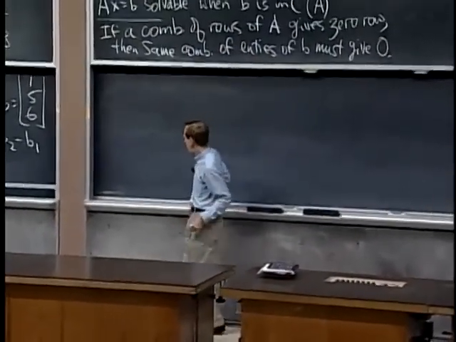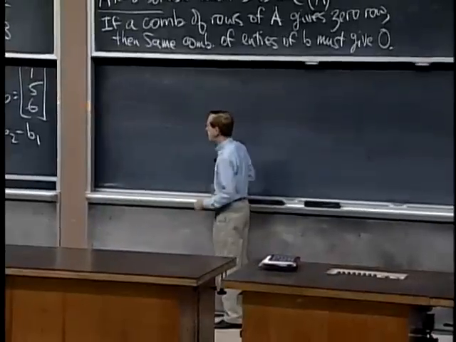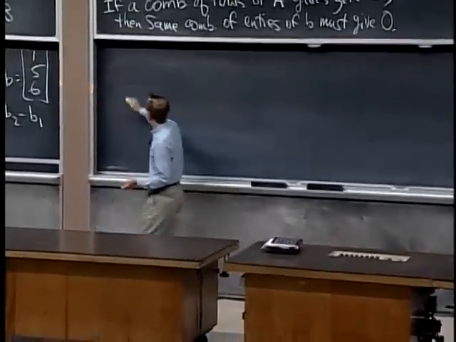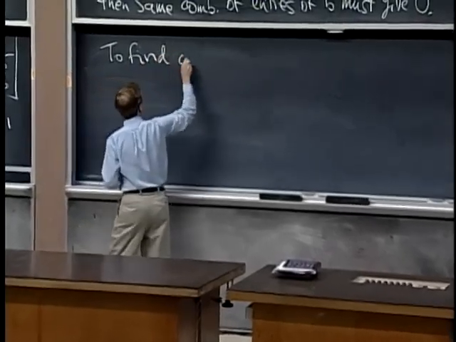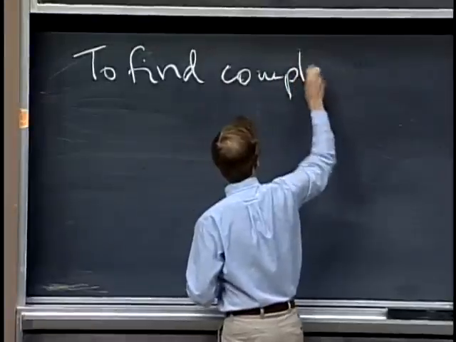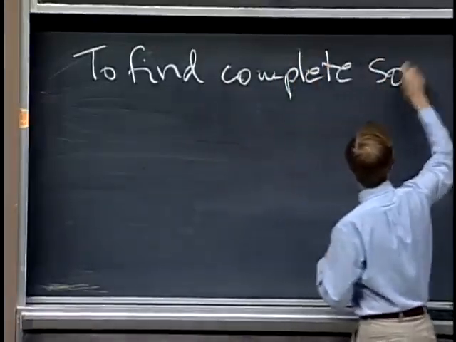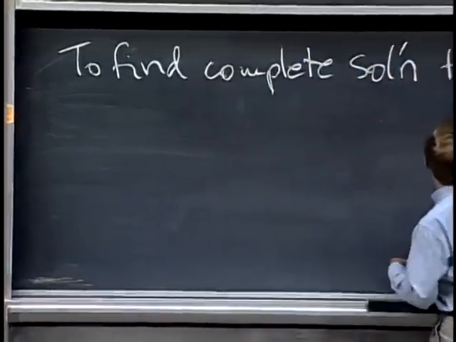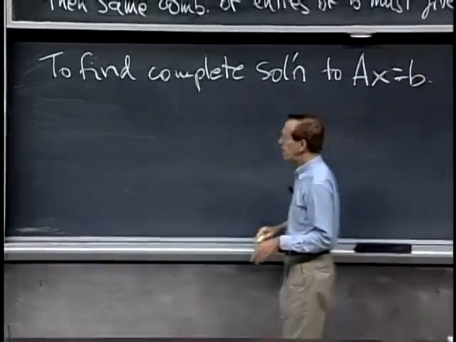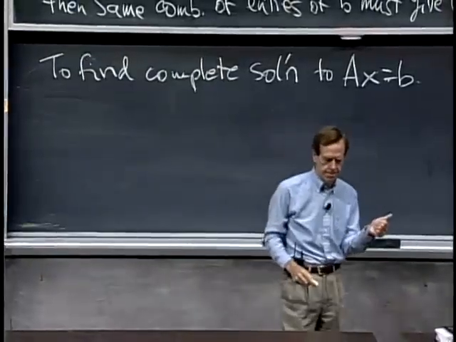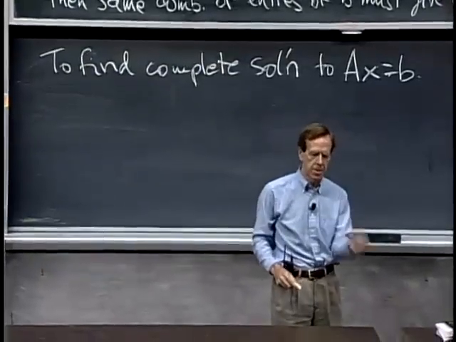Okay? Let's see. So now to find the complete solution to Ax = b, let me start by finding one solution. One particular solution.